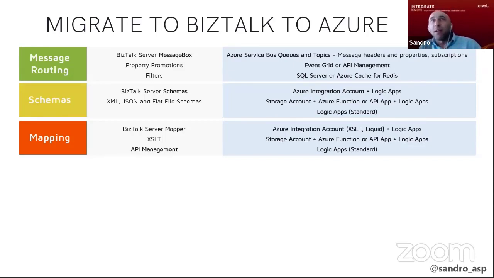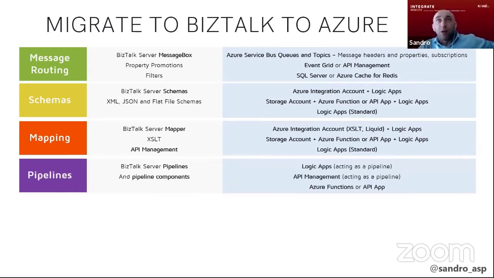If you are looking at Azure, it's the same as the schemas. You think about integration account, XSLT, Liquid templates, and then you use Logic App. You can do the same with a storage account, kind of a more custom code way to do it. And you have Logic App Standard, which has this availability out of the box without the integration account.